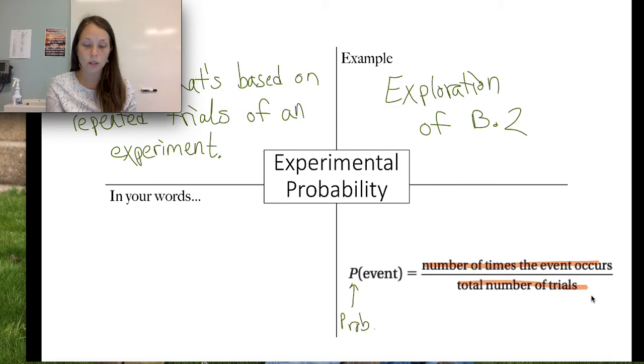And then this piece here that says event, that just means we're going to fill that in with whatever's going on in the question at hand. So if the question is asking us to find the probability of rolling a 2 on a number cube, we would write that inside of these parentheses to say that this is what we're finding the probability of. So we'll get some practice with that in the next couple of examples.